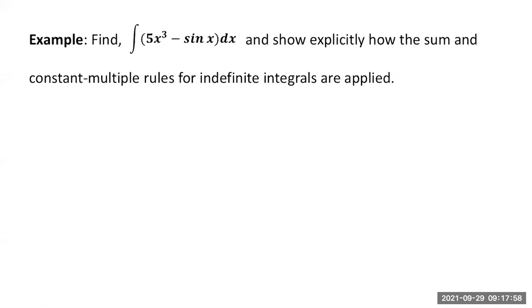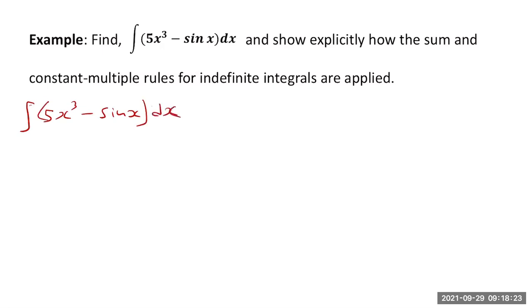Next, I want to go over this example. Find this indefinite integral and show explicitly how the sum and constant multiple rules for indefinite integrals are applied. Okay, let's see how to do this example. We need the indefinite integral of 5x to the power 3 minus sine x dx.